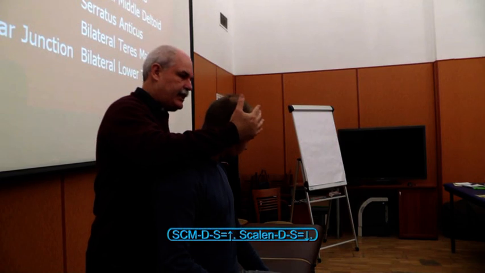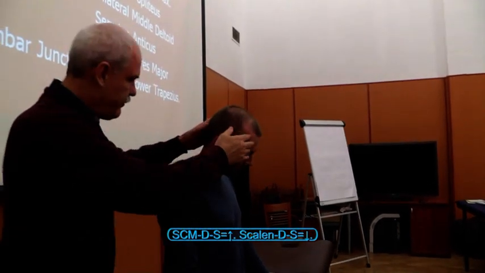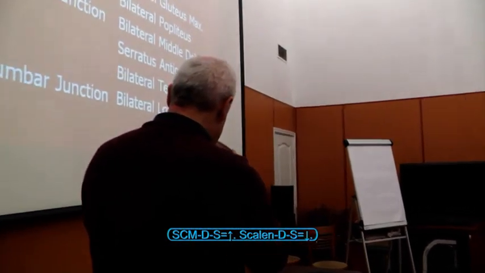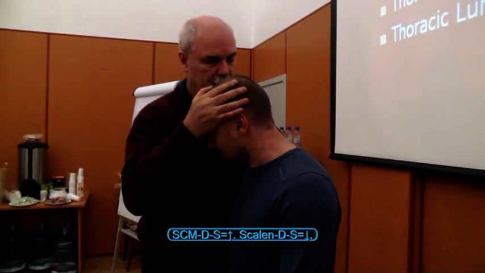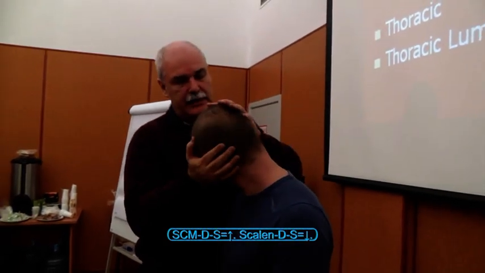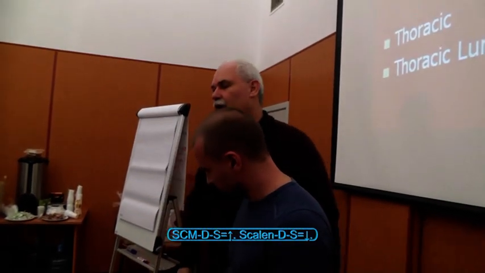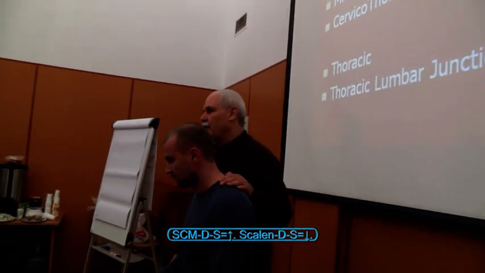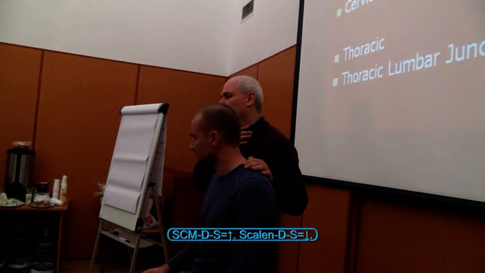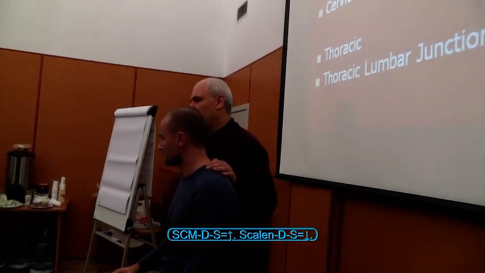SCM is strong, but the scalenes are weak. Bilateral scalene muscles are weak in the clear, but the rest of the muscles in the neck are strong.